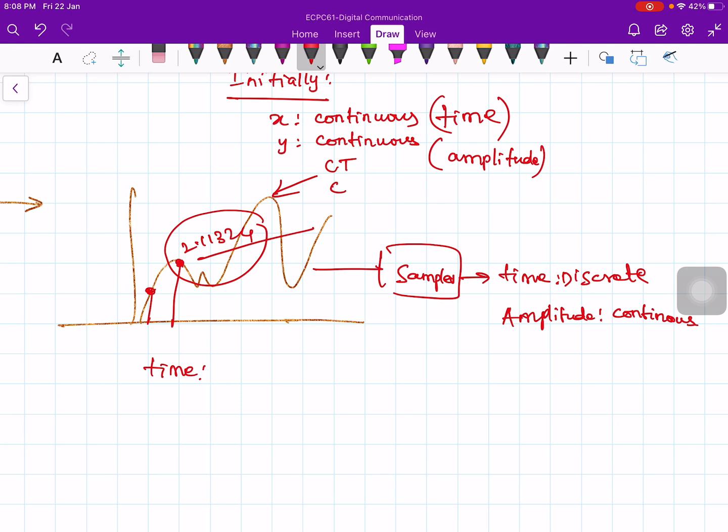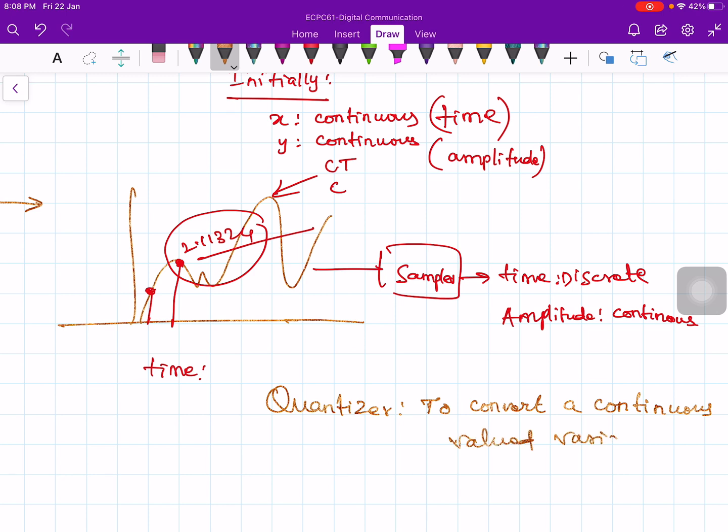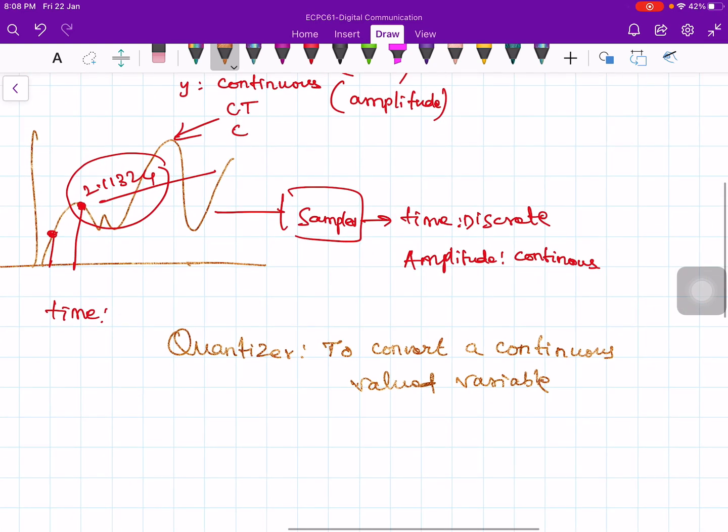So the job of the quantizer is to convert a continuous valued variable. Here, what is the variable? Amplitude.